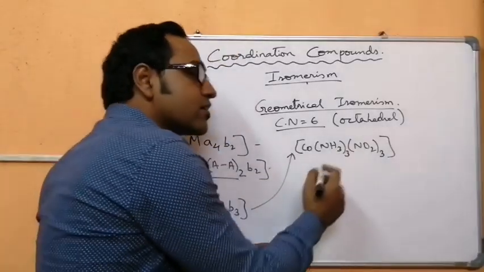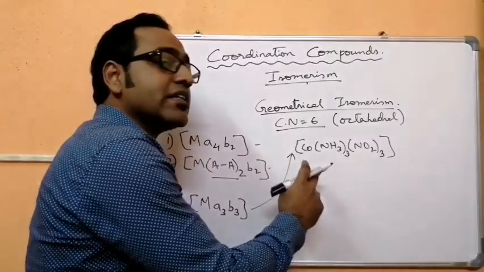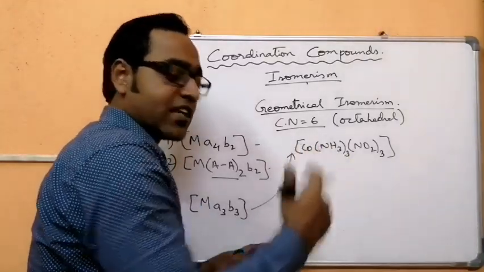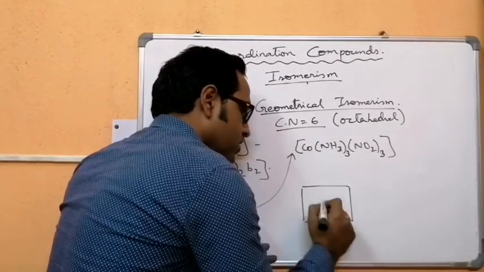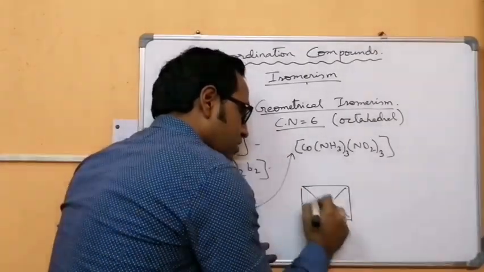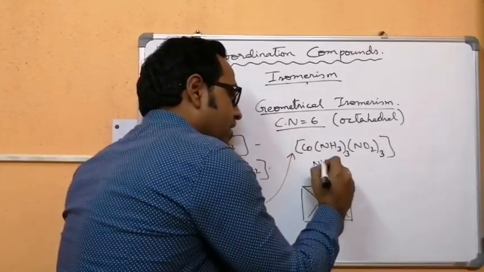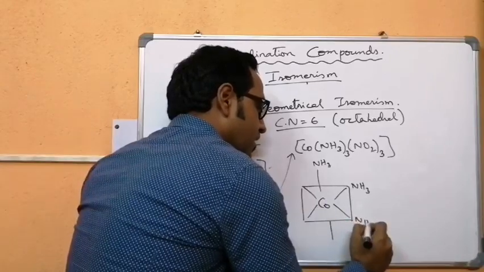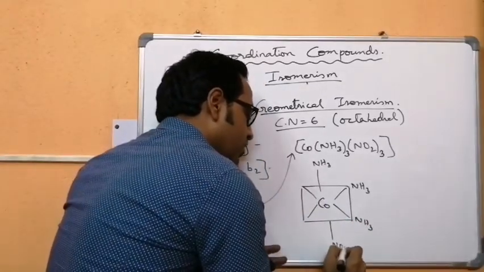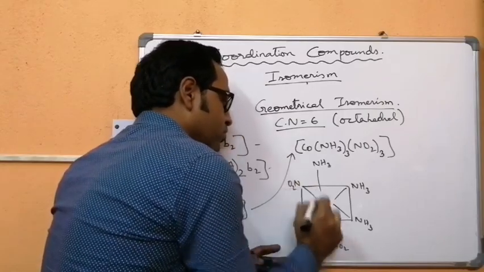Now this compound also has 2 geometrical isomers, but here it is different from cis trans. NH3, NH3, NH3, NO2, NO2, NO2.